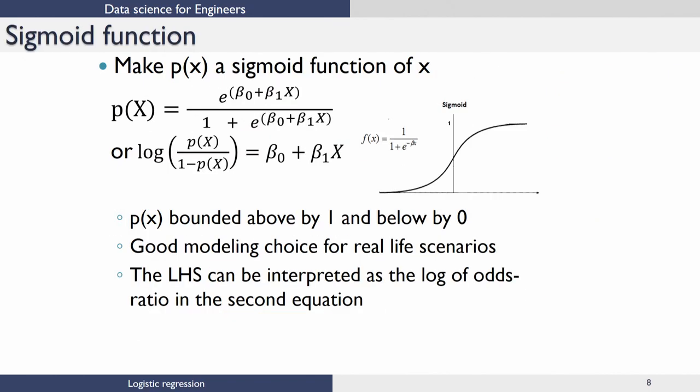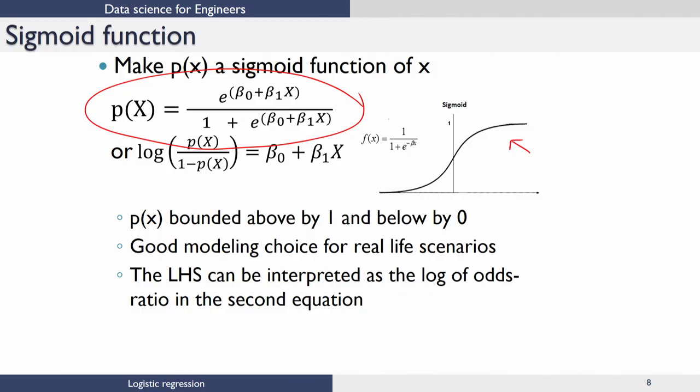The next idea is to write p of x as what is called a sigmoidal function. The sigmoidal function has relevance in many areas. It is a function that is used in neural networks and other very interesting applications. So, the sigmoid has an interesting form which is shown here. Now, let us look at this form right here.